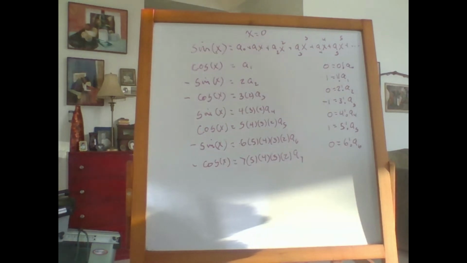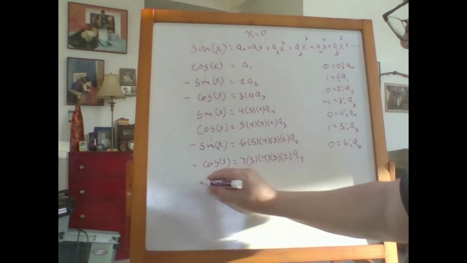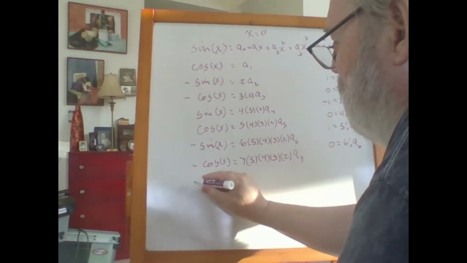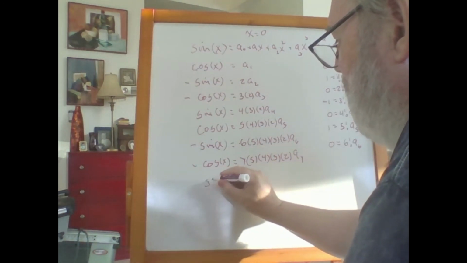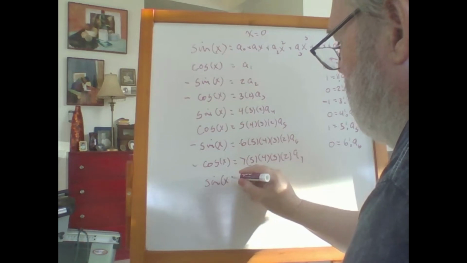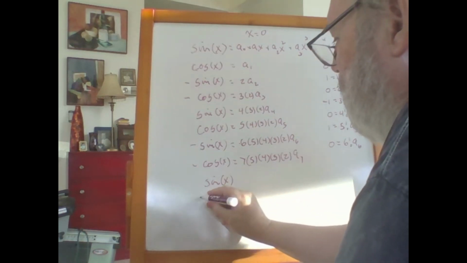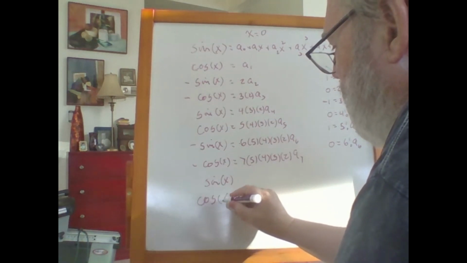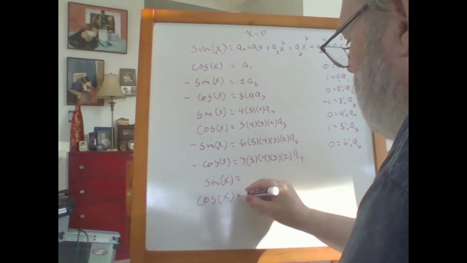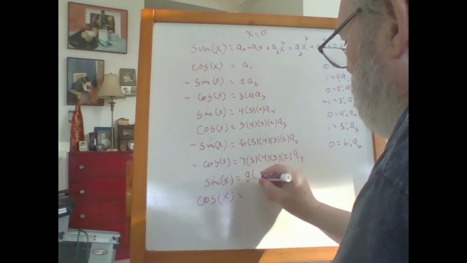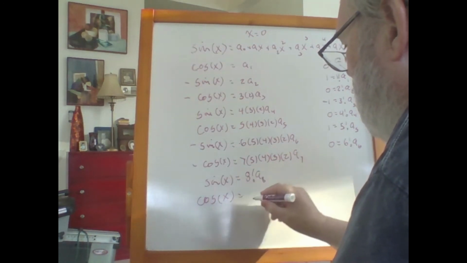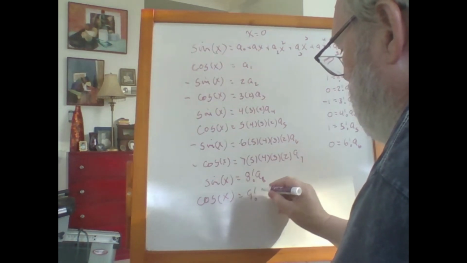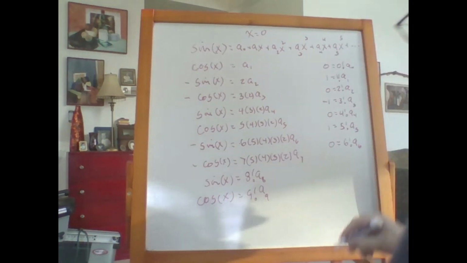And we can do one more if we realize that this one is going to be sine of x, and that's going to be cosine of x, equals 8 factorial a8, and this is 9 factorial a9.